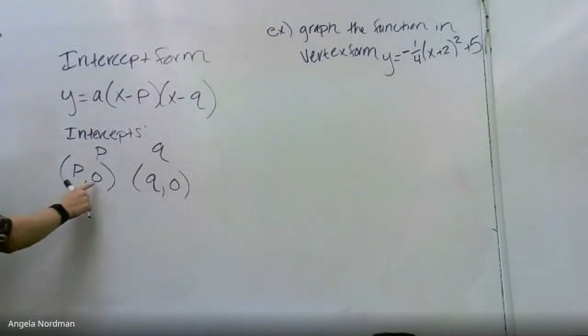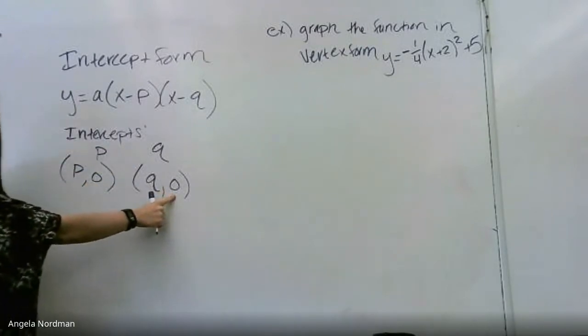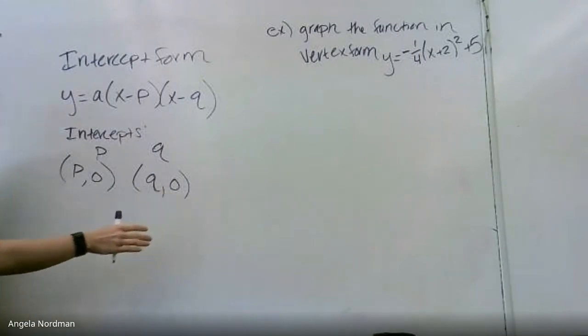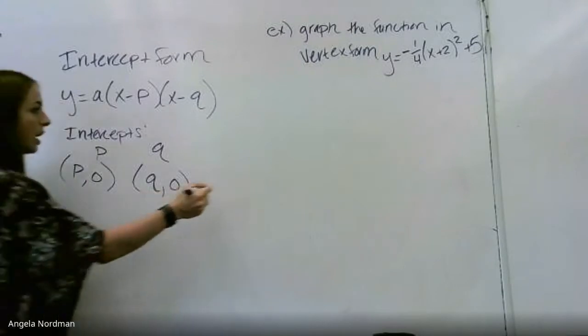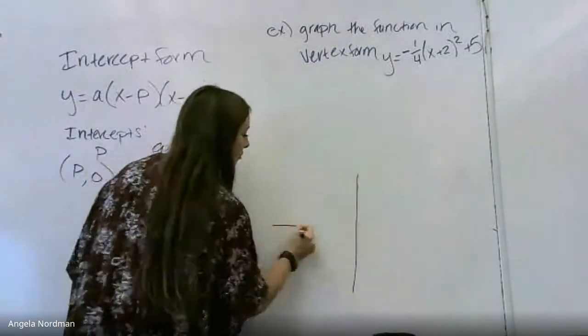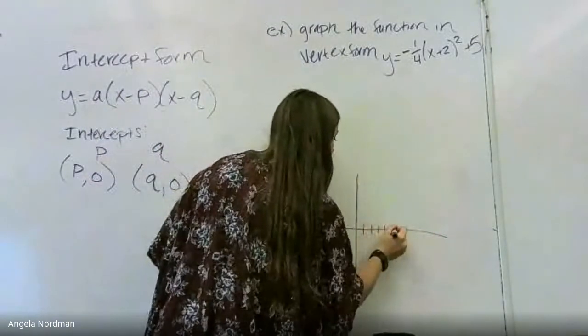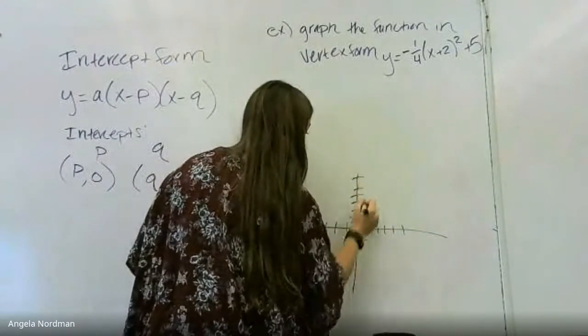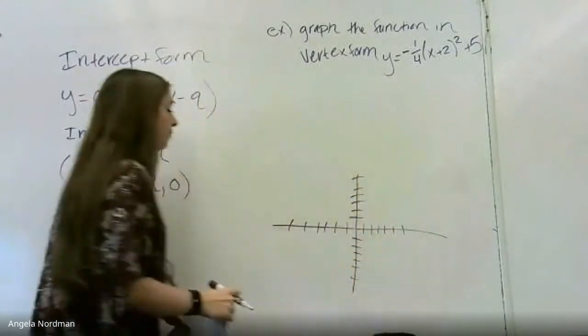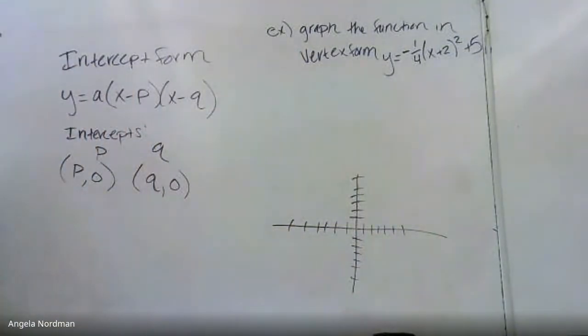If my y value is 0, that means I'm along my x-axis. If we talk about a graph, the reason that I know these are x-intercepts is because my variable is going to be changing in my x value.